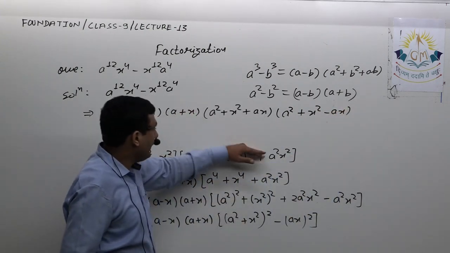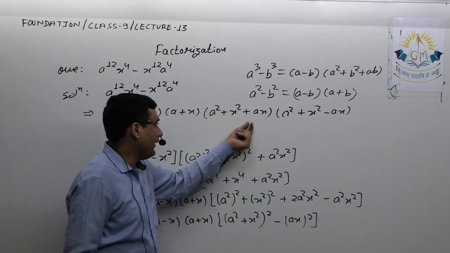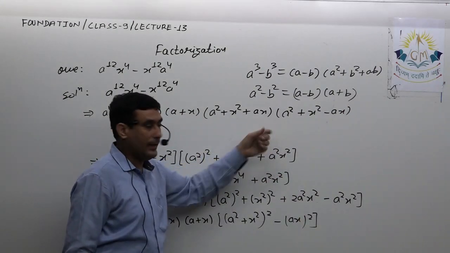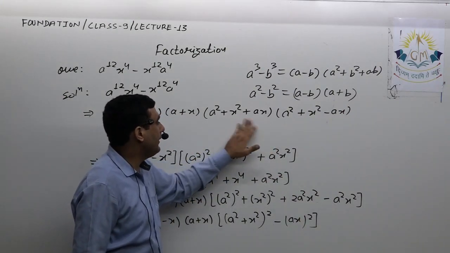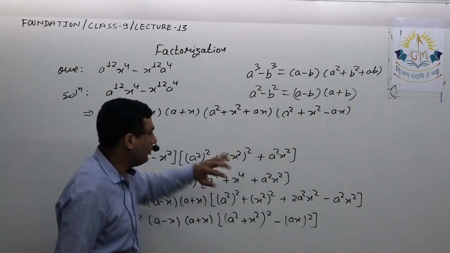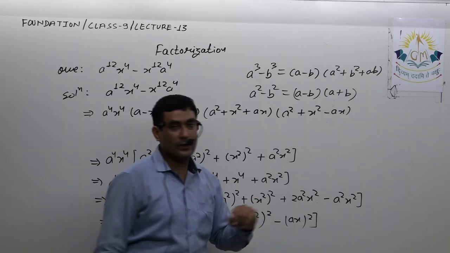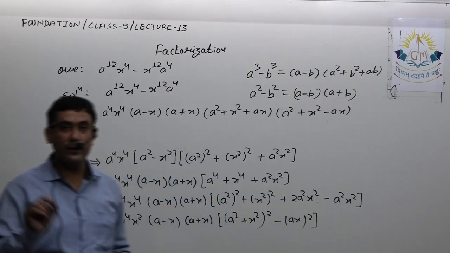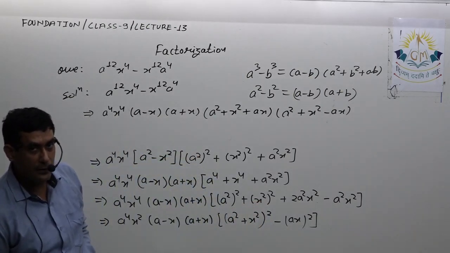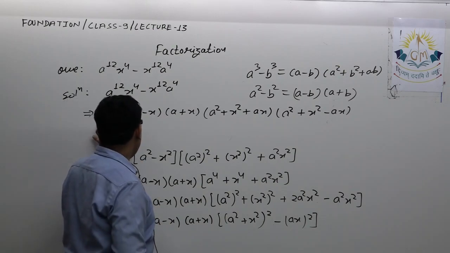See, again it is possible to factorize this if I write 2ax minus ax, but over there we have to introduce a root of ax, so we'll stop over here. Okay, we'll factorize a given expression until and unless we get the root sign in it. Okay, so this is the final answer.